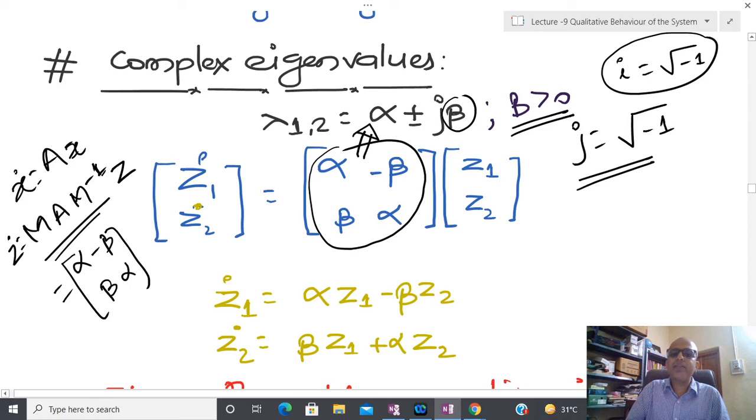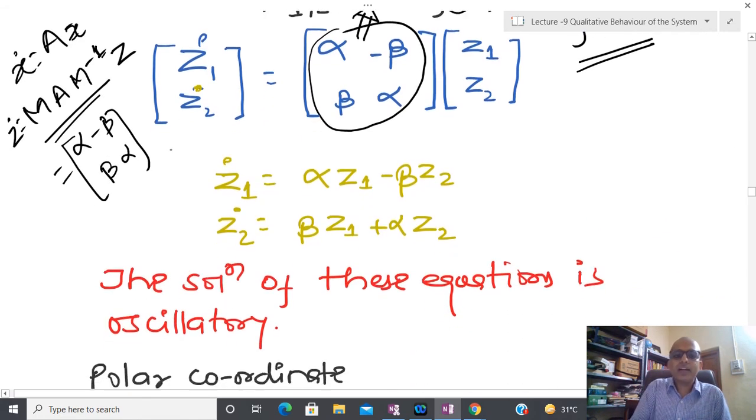Now you can see that after transformation also I have no extra benefit. Why no extra benefit? You can see here again z1 and z2 are coupled. But if both eigenvalues are real, at that time the imaginary part is equal to 0. So if you put the imaginary part as 0 here also, you are able to see the same result.